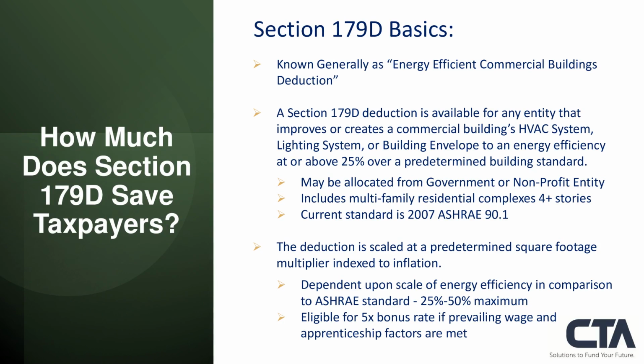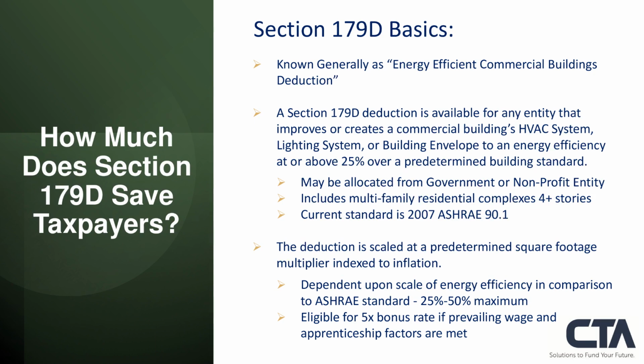The overall intent behind the deduction is to incentivize building owners and the AEC industry to continue doing innovative and energy efficient upgrades and new construction for either commercial space, commercial real estate, or even government and non-tax-paying entities. The overall bare bones of the incentive focuses on 3 different systems: the building's HVAC system, the interior lighting system, or the actual building envelope system, which is technically the shell of the building.